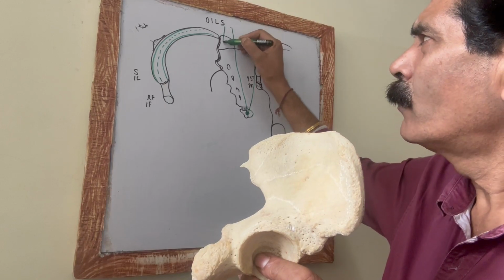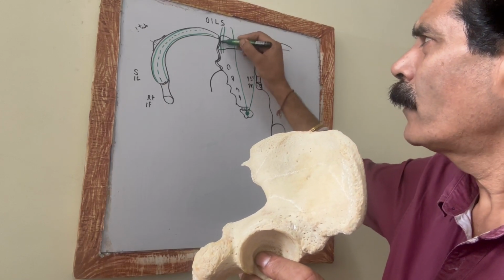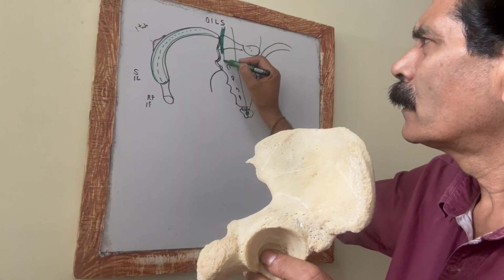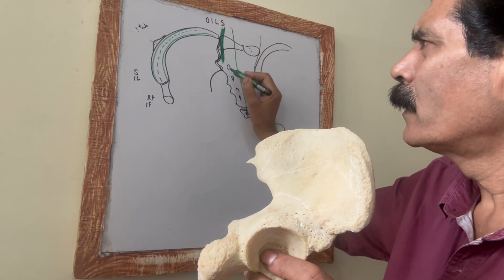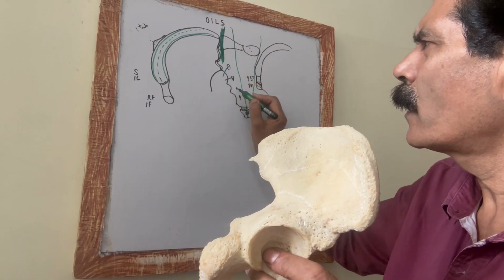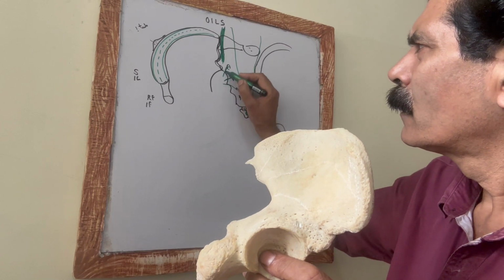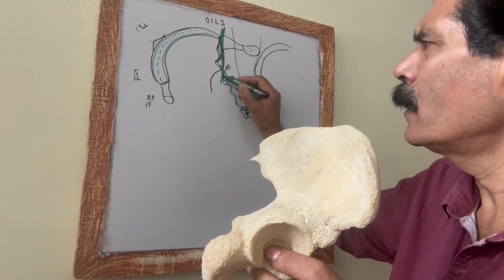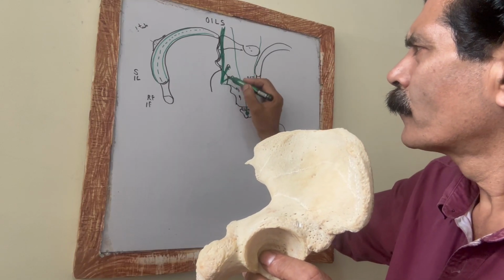L stands for lumbosacral trunk. The lumbosacral trunk is L4 and L5. It meets with the S1, S2 and S3 nerves, and they unite to form the largest, thickest nerve of the body, that is the sciatic nerve.